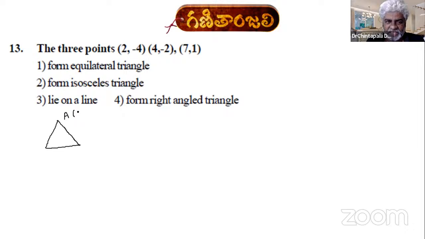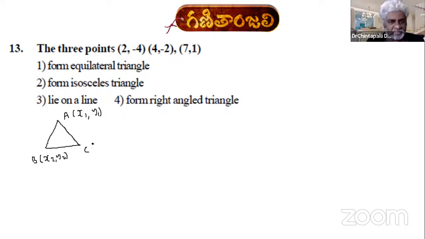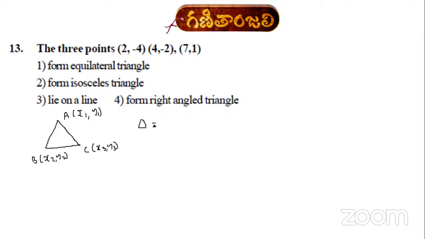This formula has various forms. Now I am telling the traditional, basic formula. The points are A (x1, y1), B (x2, y2), C (x3, y3). Now the area of this triangle formula is very interesting.